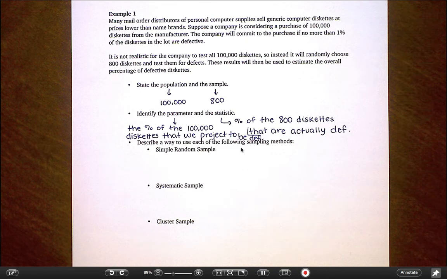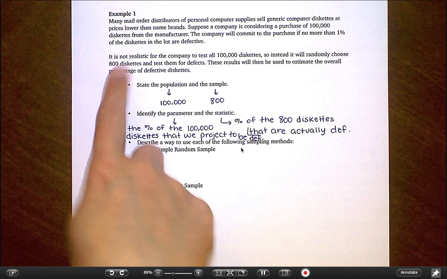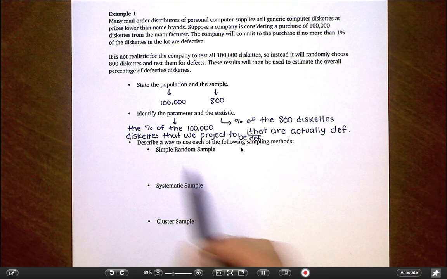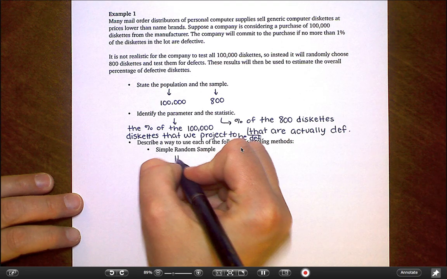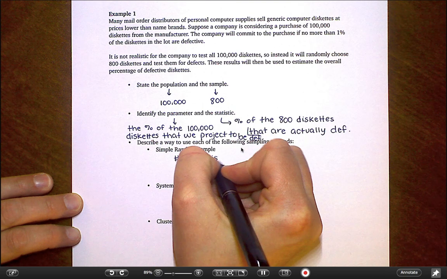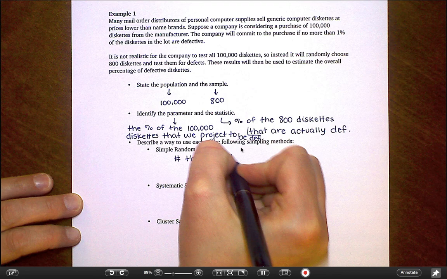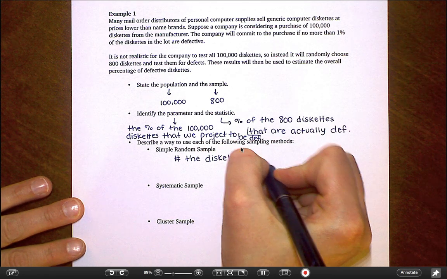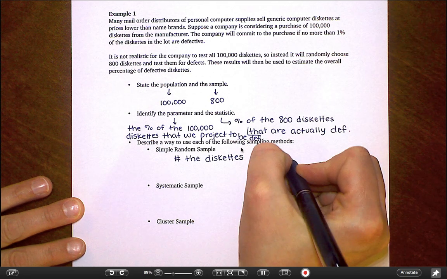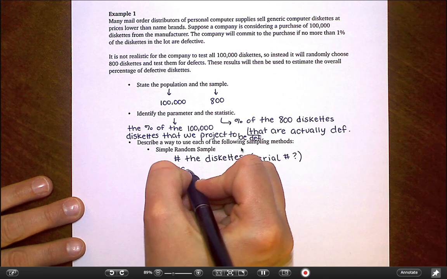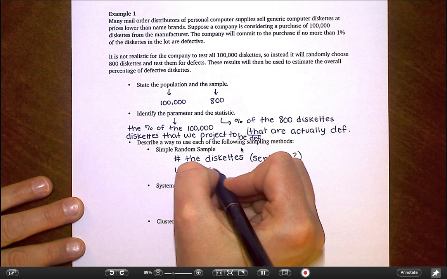Let's suppose we were going to do this with a simple random sample. What this is referring to is how we are going to choose the 800 diskettes. A simple random sample would be to somehow number the diskettes. Maybe they're already numbered, maybe they have a serial number or something on them. And then use a random number generator.